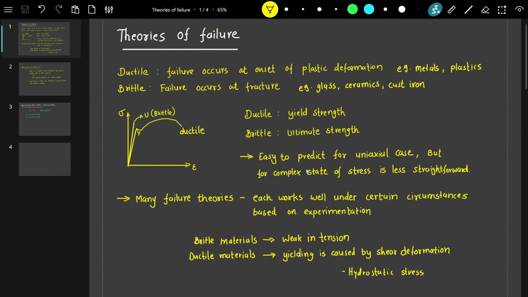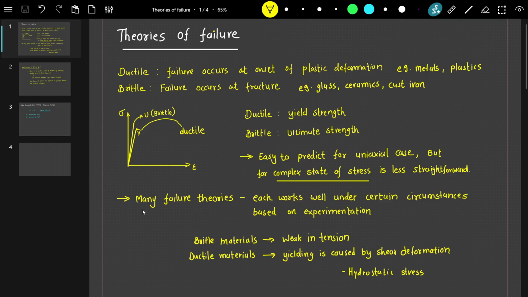But in most real cases, it is not uniaxial. It is a complex state of stress, that is a triaxial state of stress, and predicting the failure under this complex state of stress is not that straightforward.